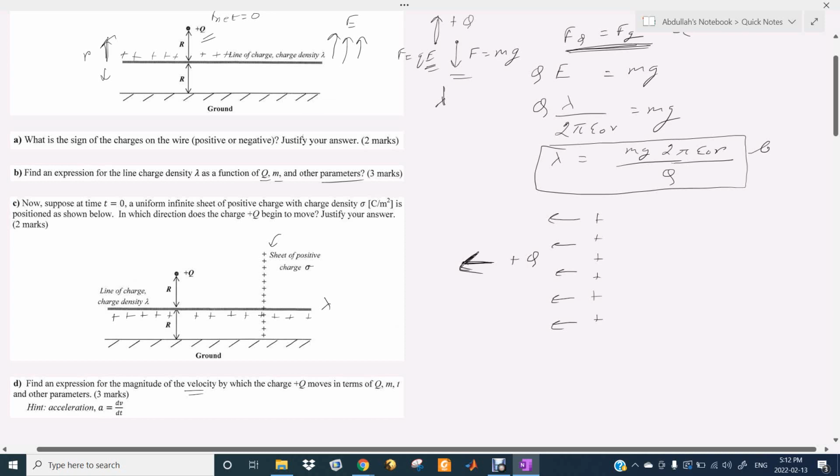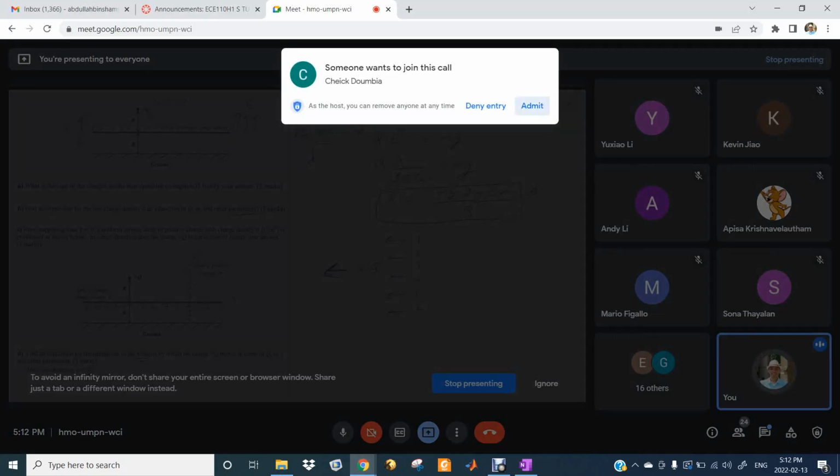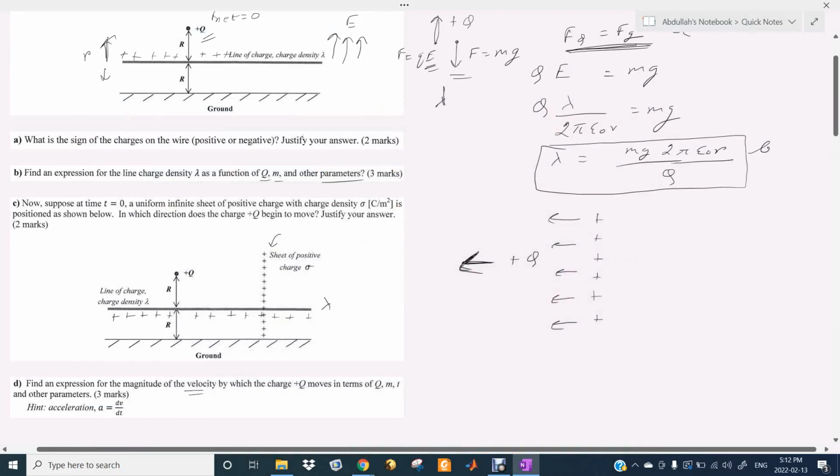So now we know the electrical force to the left, right? The electrical force acting on the charge is basically QE, and this E is the electric field of the sheet of charge. For a sheet of charge, the electric field is sigma by 2 epsilon naught. Can anybody tell me why the 2 is coming here?